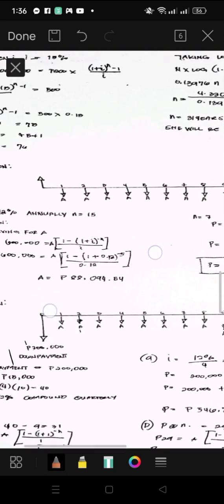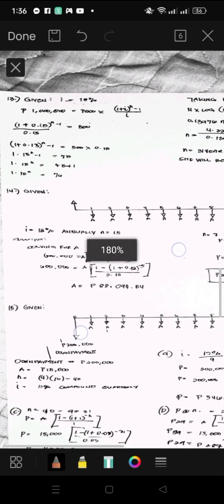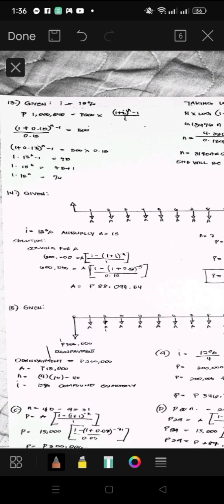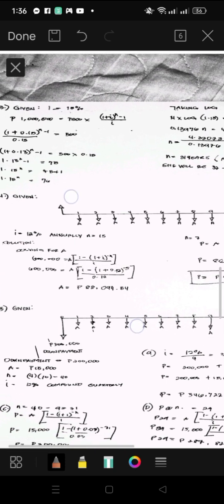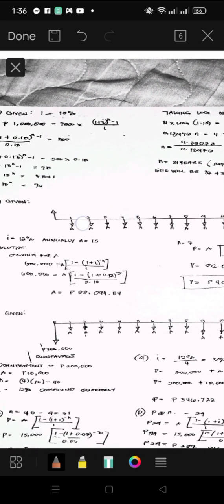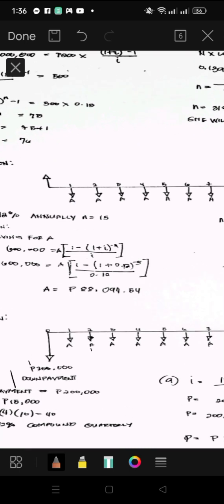So let's proceed to our formula. 600,000 equals A times the quantity of 1 minus 1 plus 0.12 raised to the power of negative 15 over 0.12. So A, the answer, is 88,094.54.